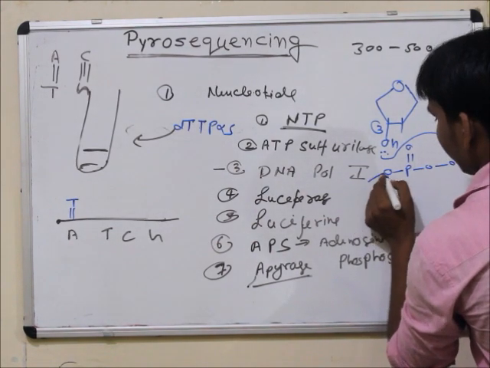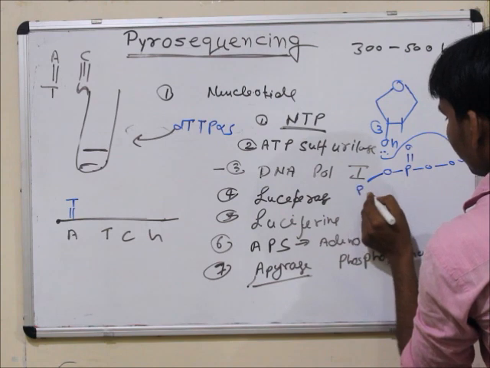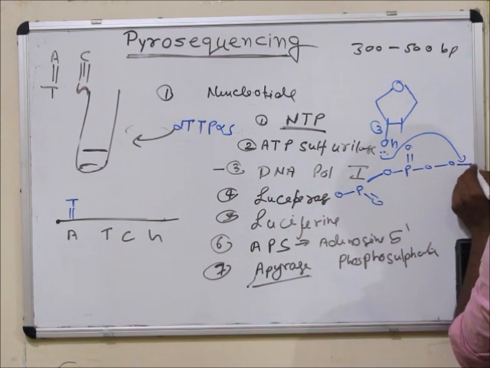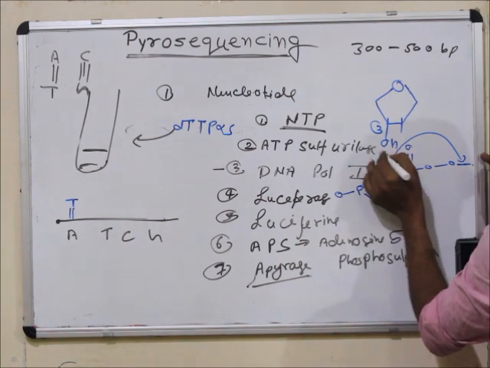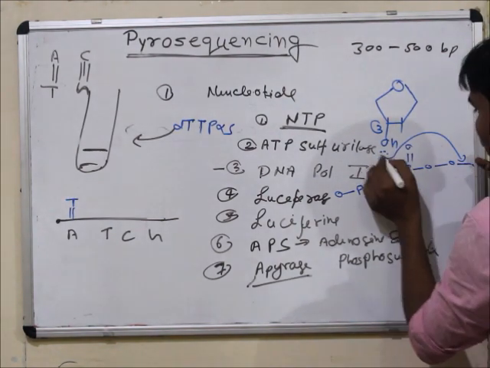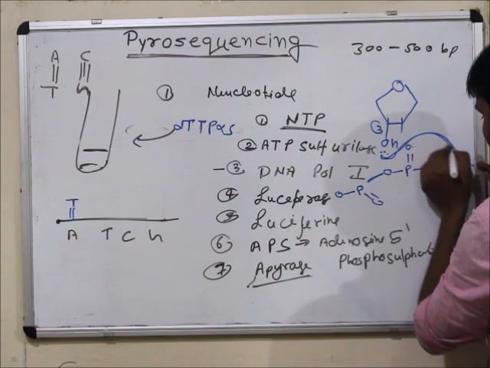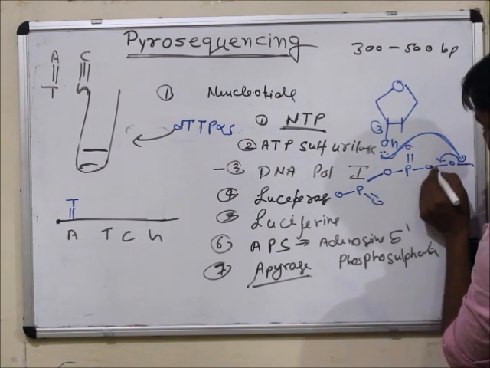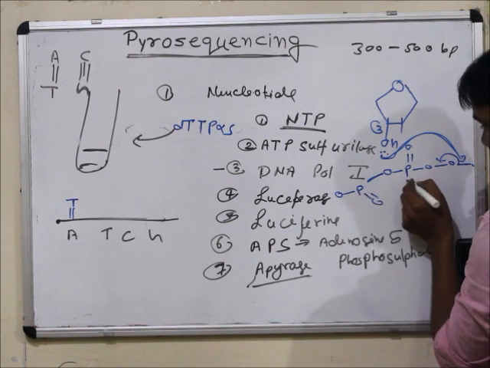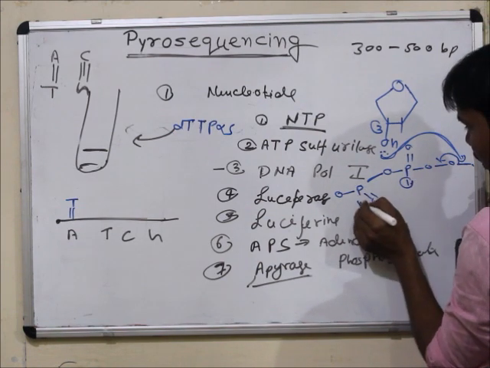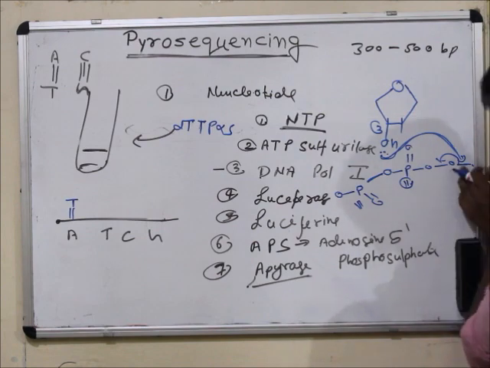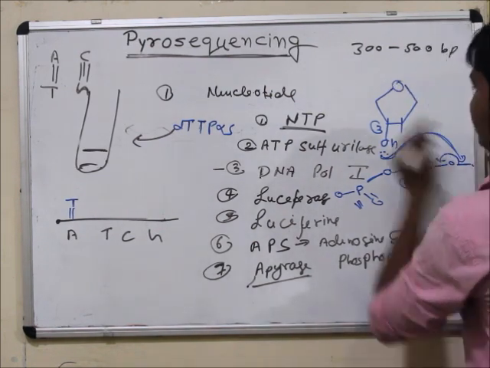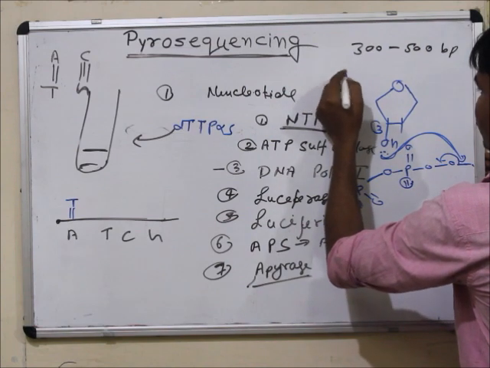Here is another P, O, O, and there is another phosphate. So this lone pair will attack this, and that will break down. That is two phosphates, the first, this is the third, this is the second, and that was the first before this in the nucleotide.